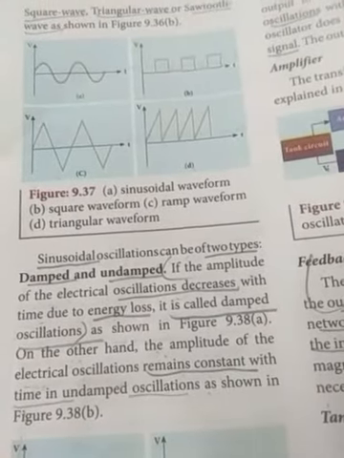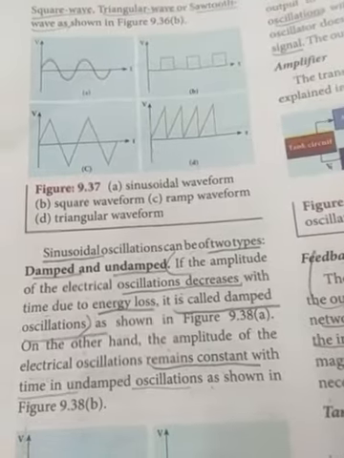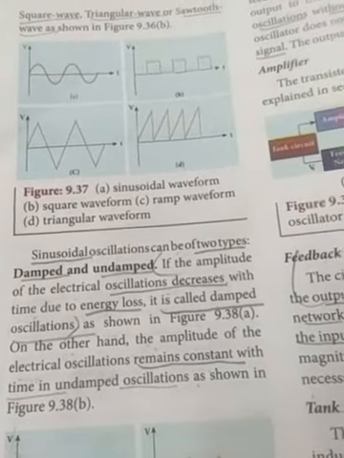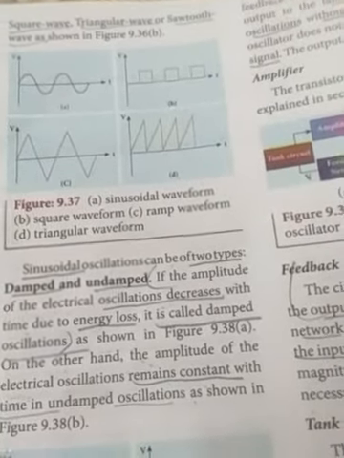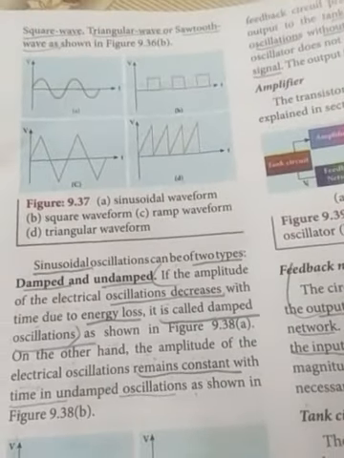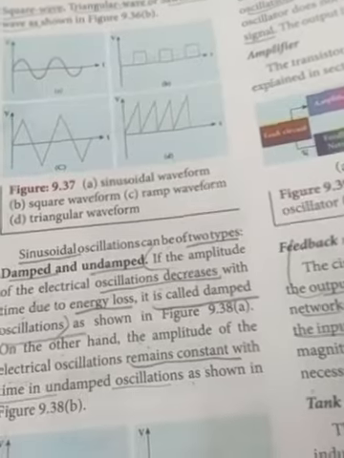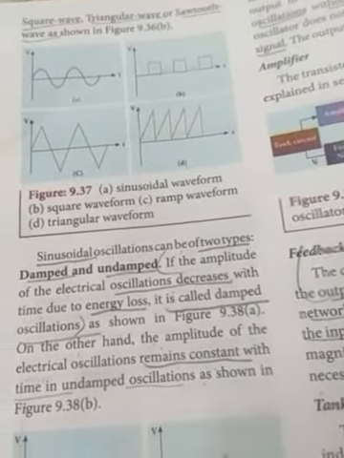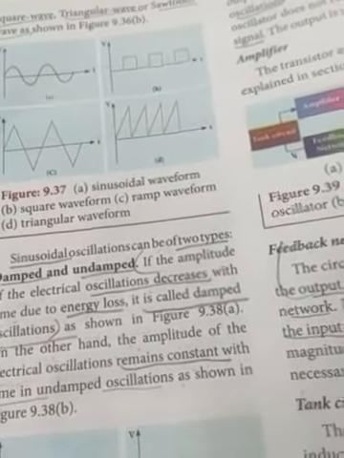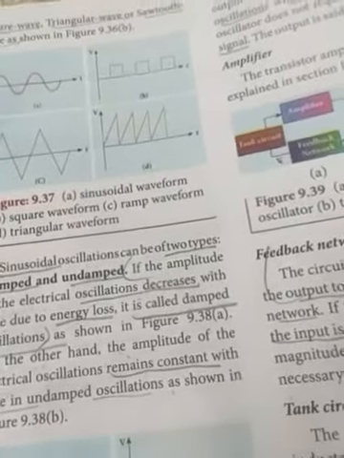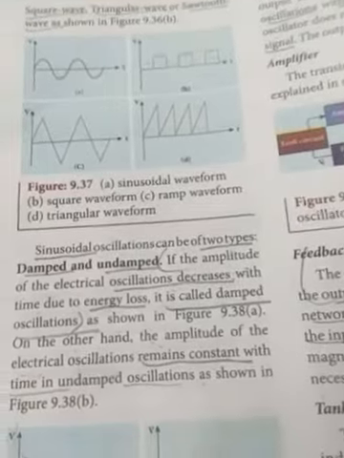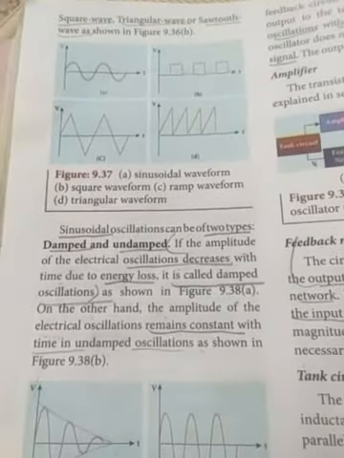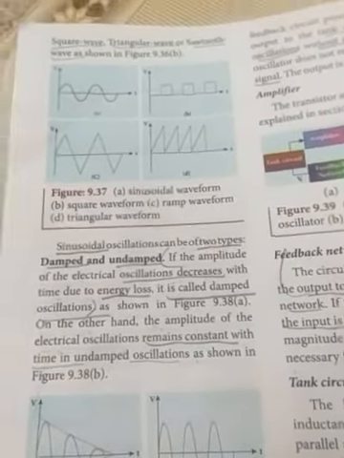If the amplitude of the electrical oscillation decreases with time due to energy loss, when the amplitude decreases, energy is lost automatically. That is what we call a damped oscillator.